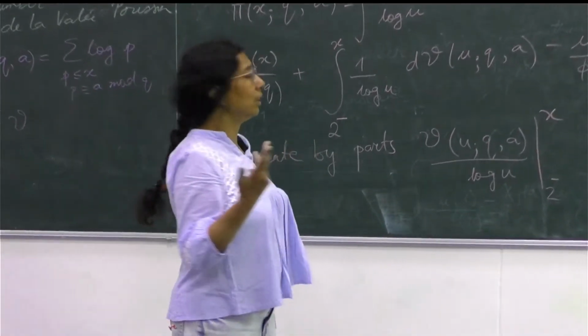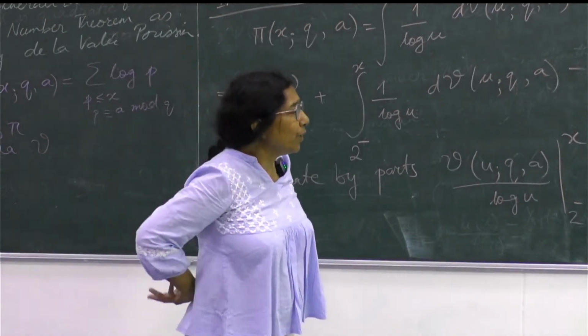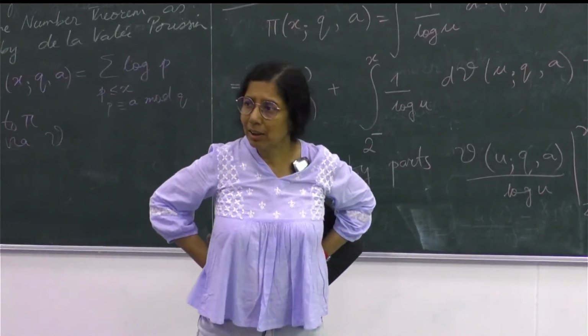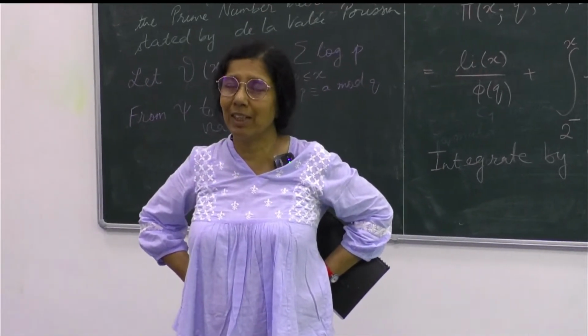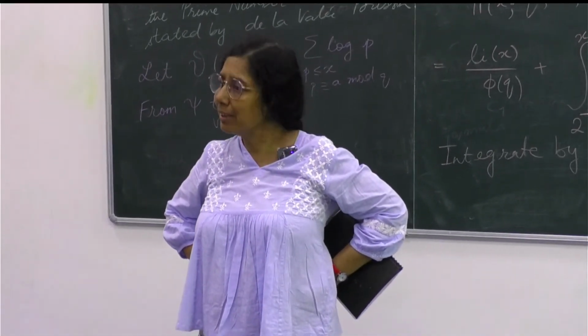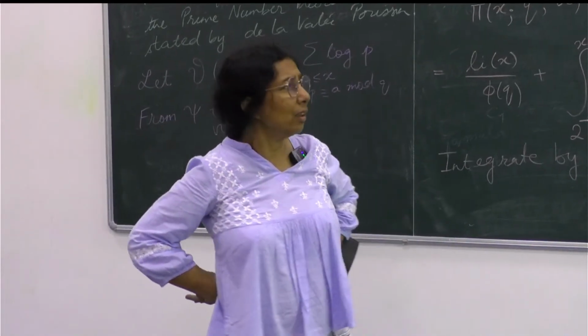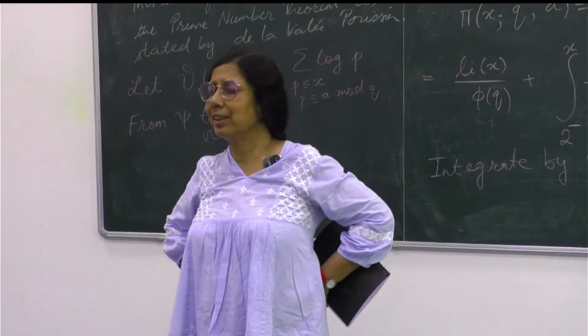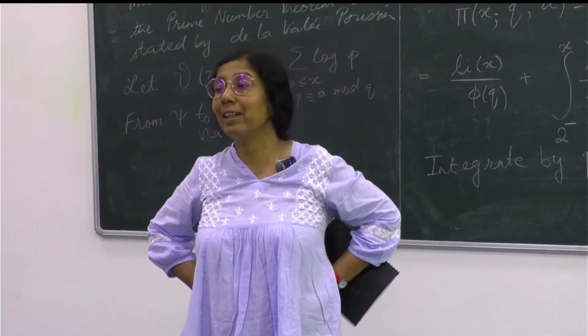So either one or the other is a problem. If we take some conditional results, that is, if we assume, for example, the generalized Riemann hypothesis, then things will become nicer. And we can do a little bit of that as exercises this afternoon.